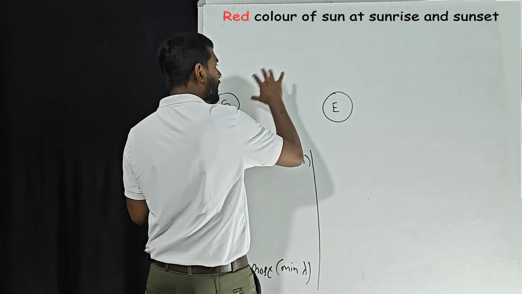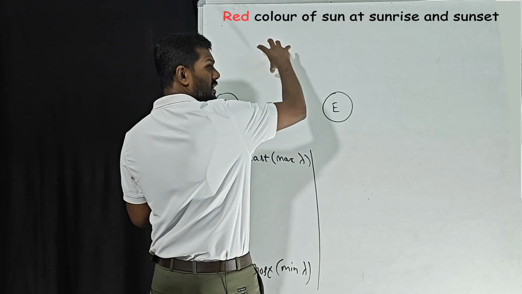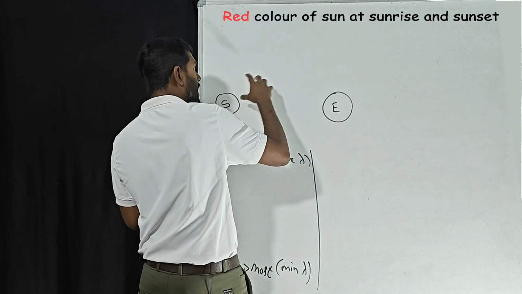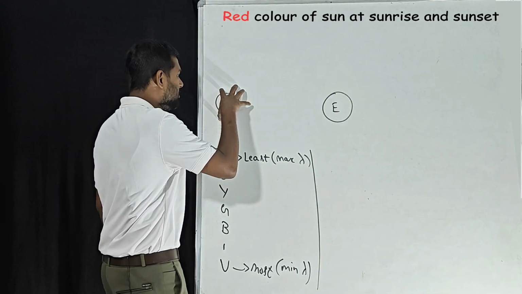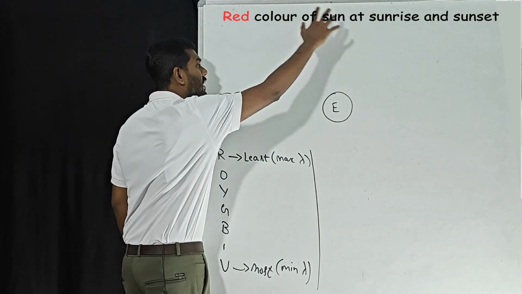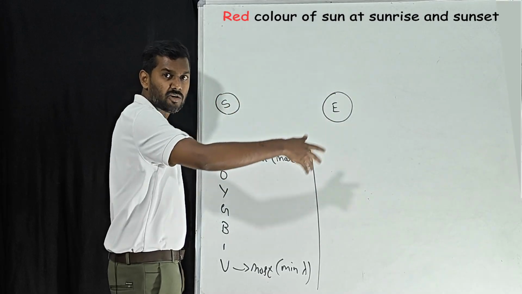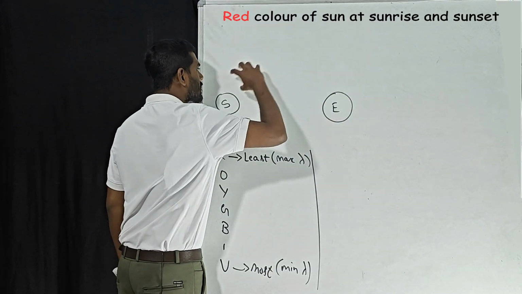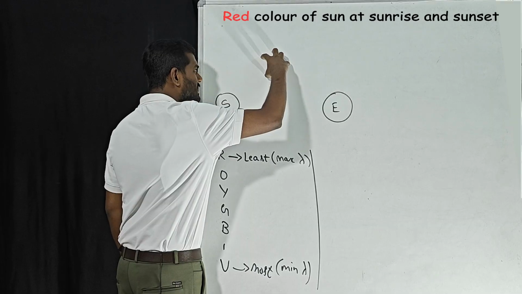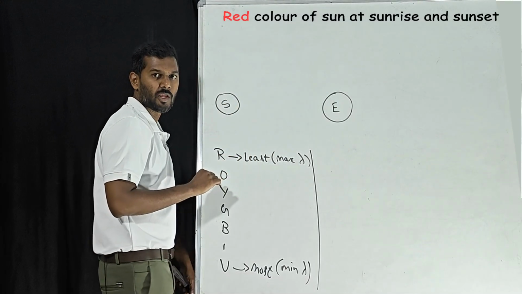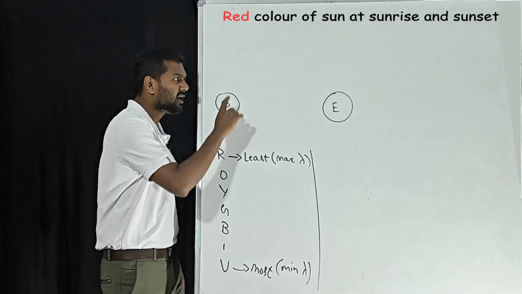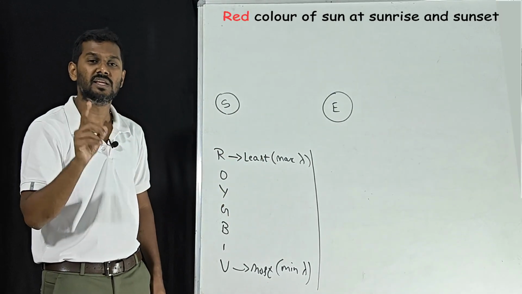But at any other time, the sun's position will be here. Assume at around 10 or 11 o'clock, the sun will not be here, it will move in an almost circular shape. So while moving, the distance from the sun to the earth keeps on reducing. So only during the sunset and sunrise is the distance longest.